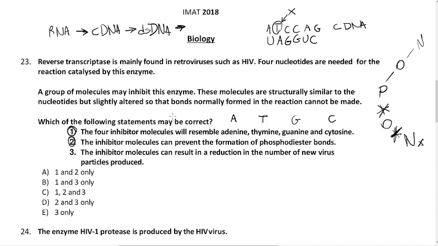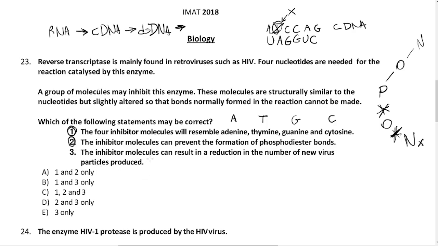Yes, because if we prevent the formation of the phosphodiester bonds, we prevent the formation of cDNA, we prevent the integration of this DNA into the host's DNA, and the host DNA will not produce virus particles.